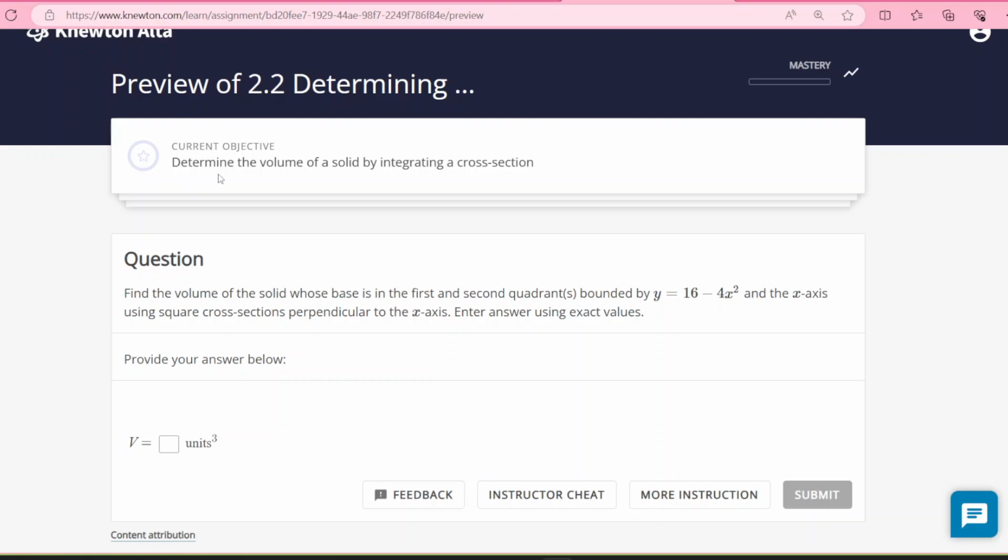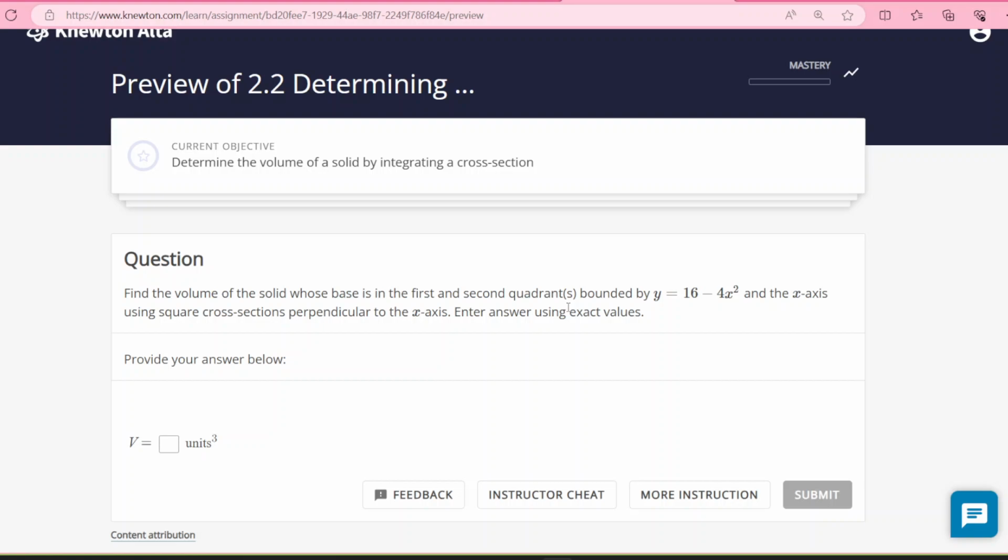All right, so here we're asked to determine the volume of a solid, a three-dimensional solid figure, by integrating a cross section. This first question: find the volume of the solid whose base is in the first and second quadrants on the XY plane.